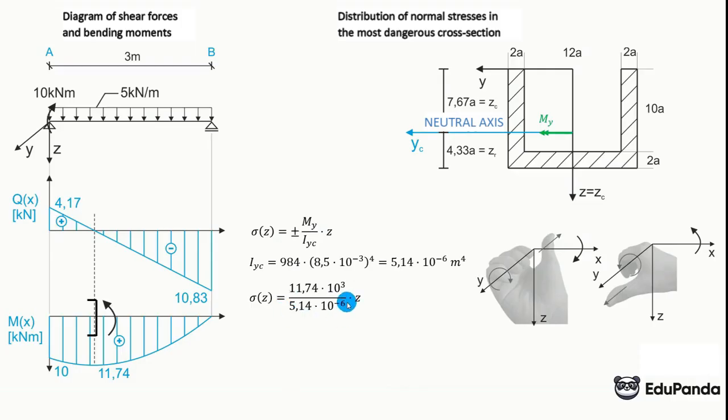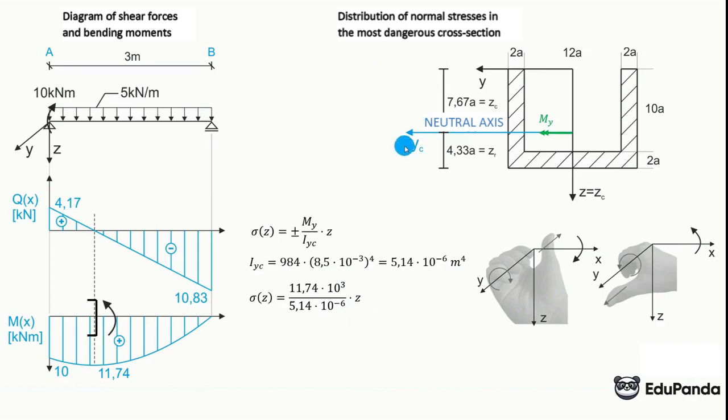And when you insert the coordinate zC, that is 7.67, which still has to be multiplied by a, of course, you have the stresses at the top, which will be a negative coordinate. Since the origin of the coordinate system is in this place, here are positive coordinates, here are negative coordinates. The upper ones are compressed, so by substituting a negative coordinate, we get a negative result.